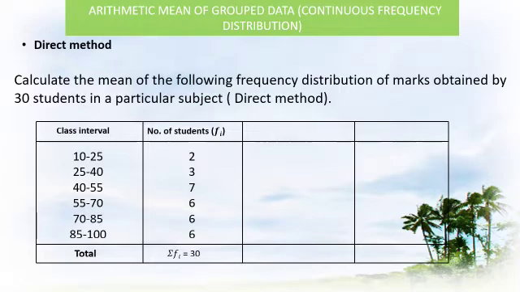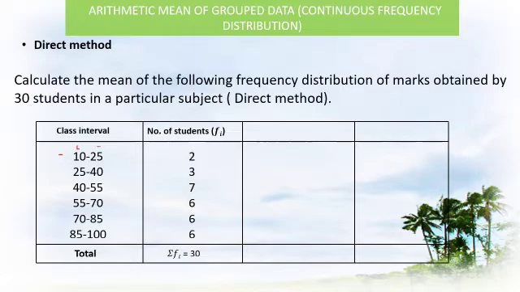Calculate the mean of the following frequency distribution of marks obtained by 30 students in a particular subject. Here, class intervals and corresponding frequencies are given. Take the first class interval, that is 10 to 25. Here, 10 is the lower limit of the class interval and 25 is the upper limit.